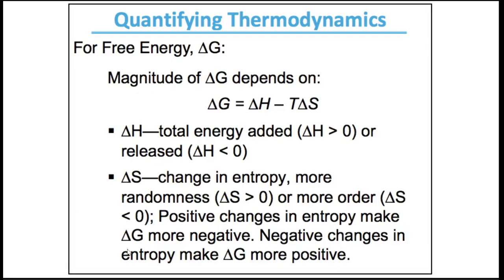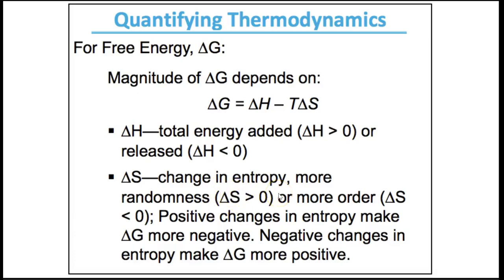And so overall, the magnitude of the Gibbs free energy, which is right here, depends on this equation once again, where you have enthalpy, which is the total energy, and when it's added, it's positive, or if it's released, it is negative. And then you have entropy, and this depicts the change of entropy. When you have more randomness, more disorder, that entropy is positive.